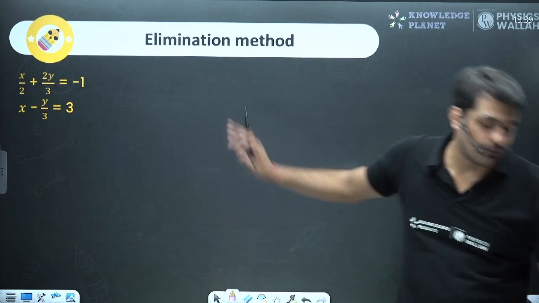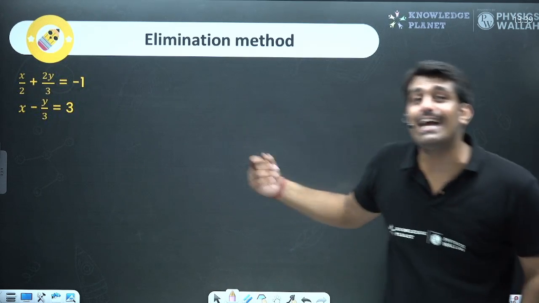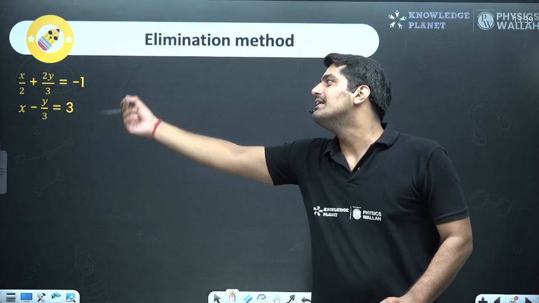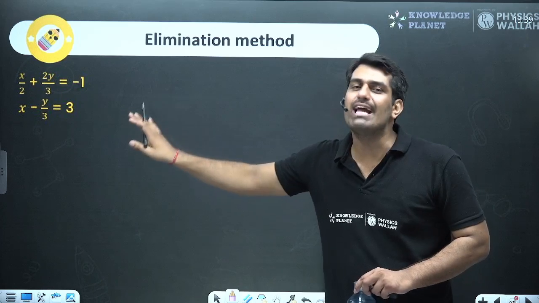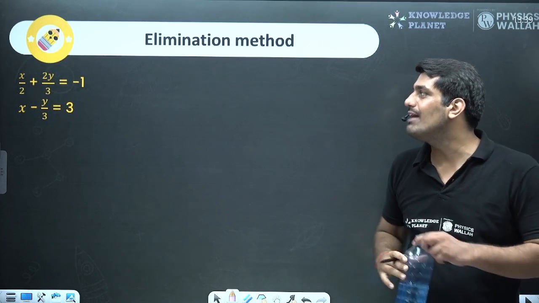Let's observe this equation over here. Now, this might be scary for some, because wherever we have a fraction, people get scared. So you observe from your end, how can we make the coefficients the same?